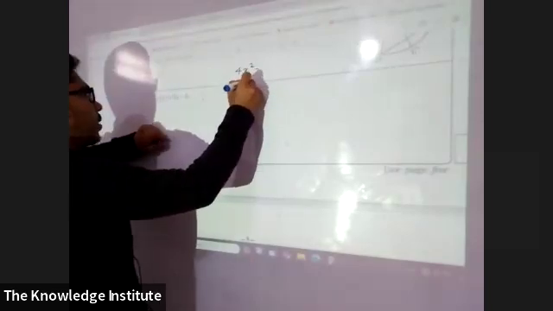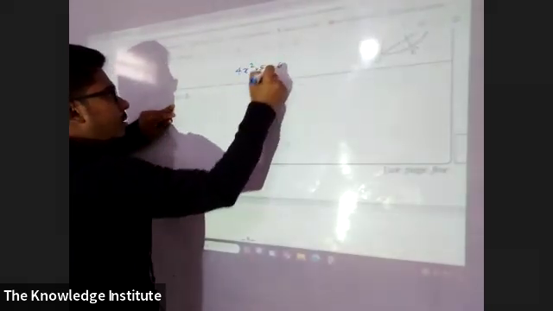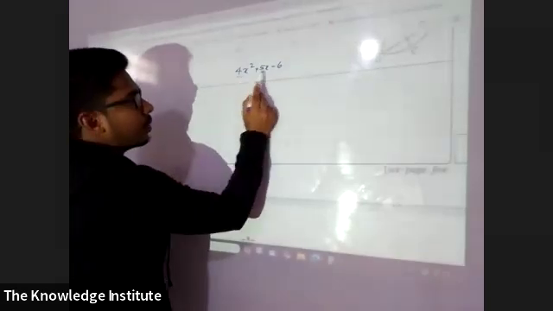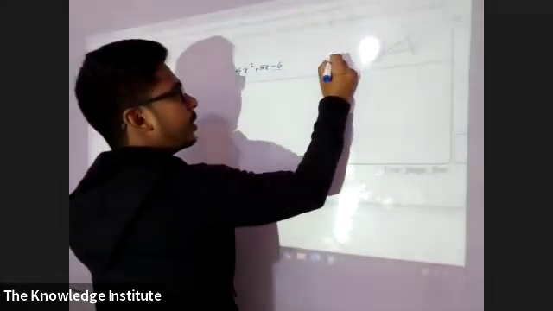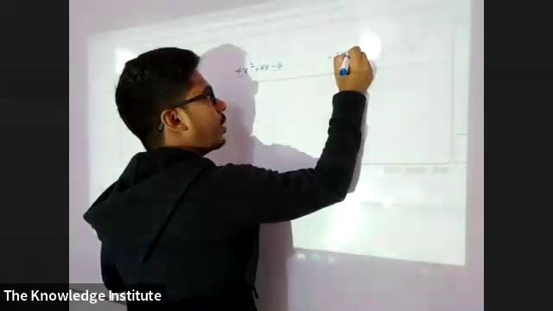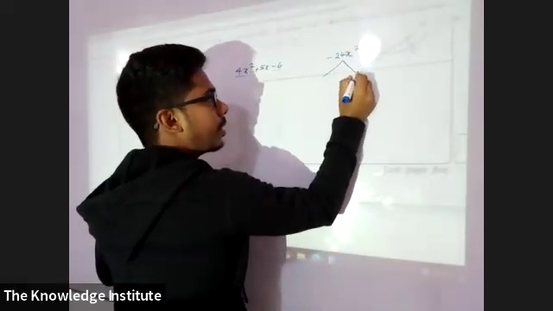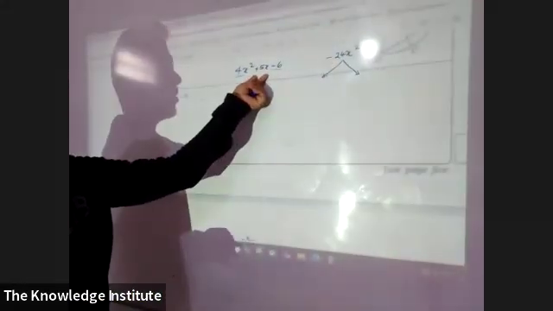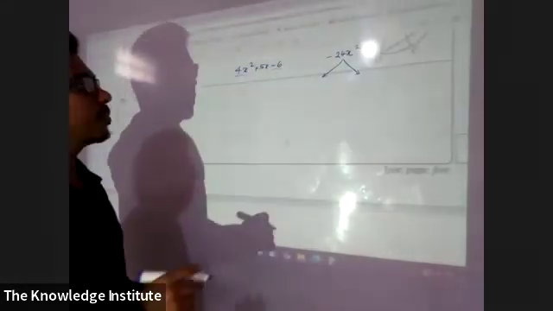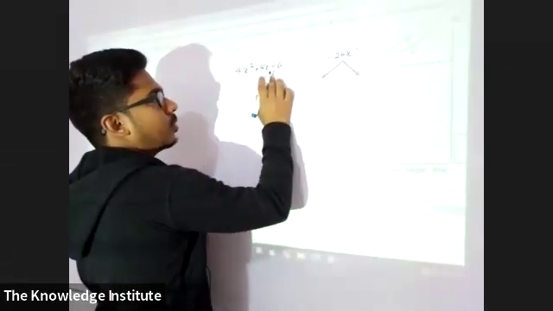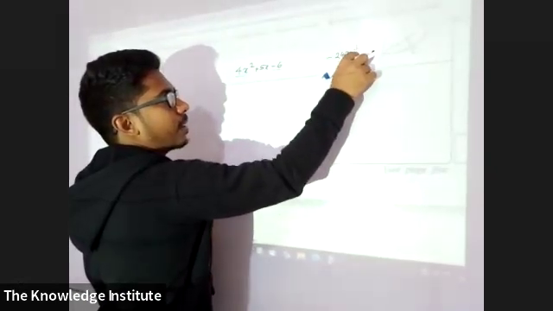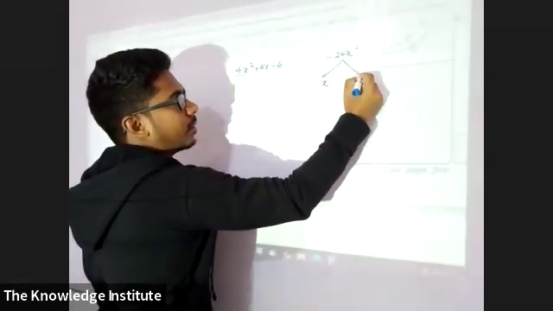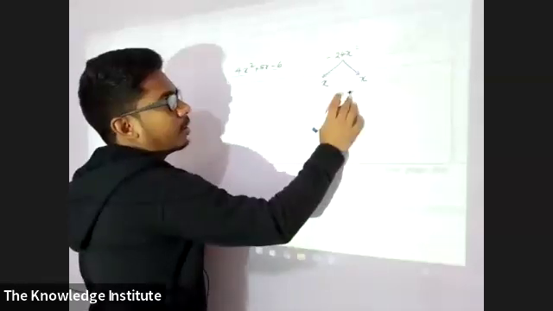Okay, so factorize 4x squared plus 5x minus 6. What you have to do first is multiply these, so we get minus 24. Then you want to factorize this so that the sum is equal to 5.